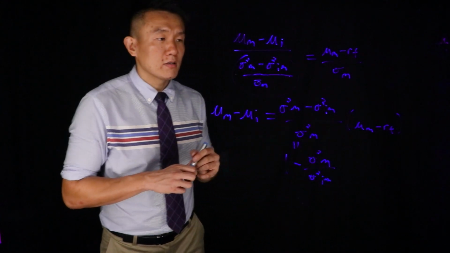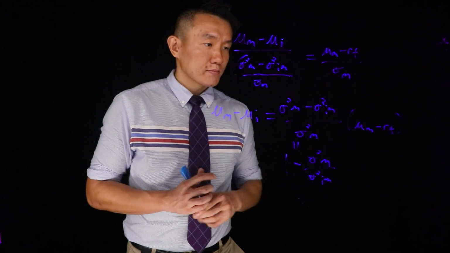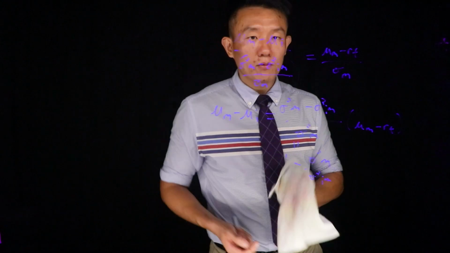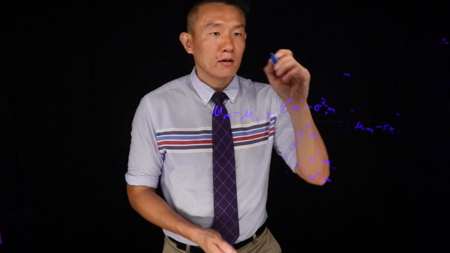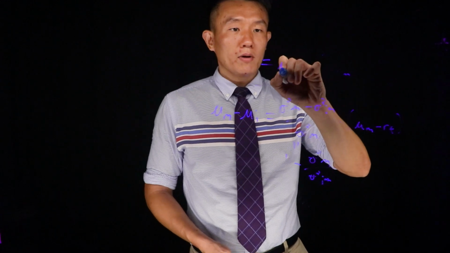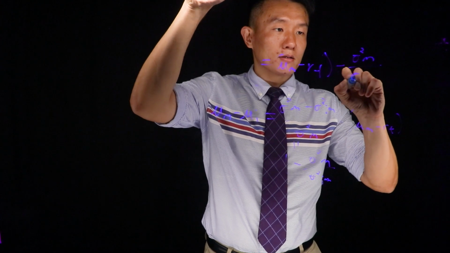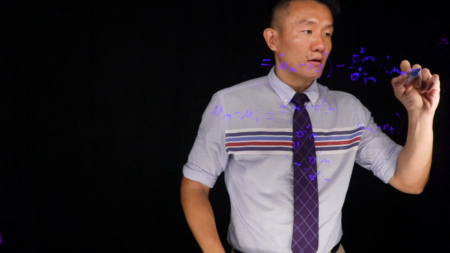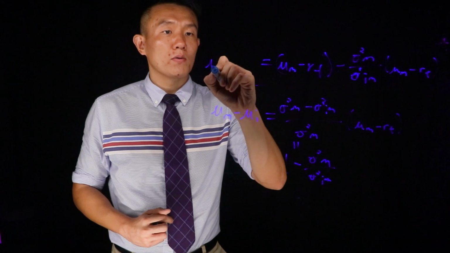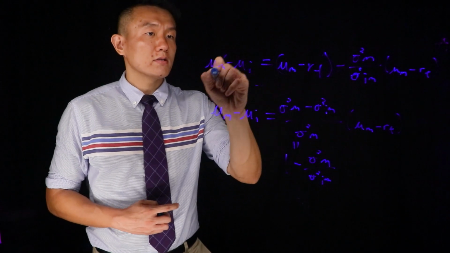So if you rearrange this some more, if I rearrange this thing some more, I'm going to get mu m minus rf minus sigma squared im over sigma squared m times mu m minus rf is equal to mu m minus mu I. I'm going to cancel this out with this.